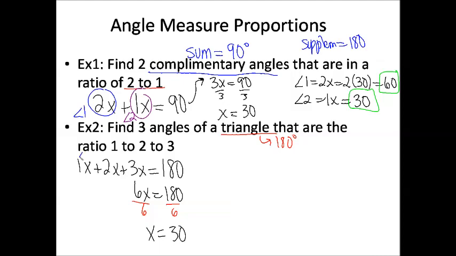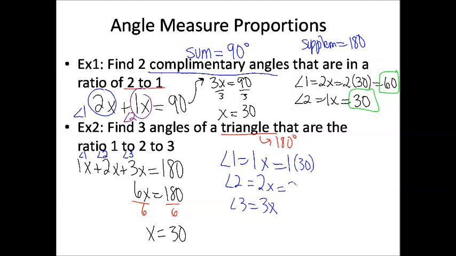My angles: this is angle 1, angle 2, angle 3. So angle 1 is 1x, angle 2 is 2x, and angle 3 is 3x. So this is 1 times 30, 2 times 30, and 3 times 30.